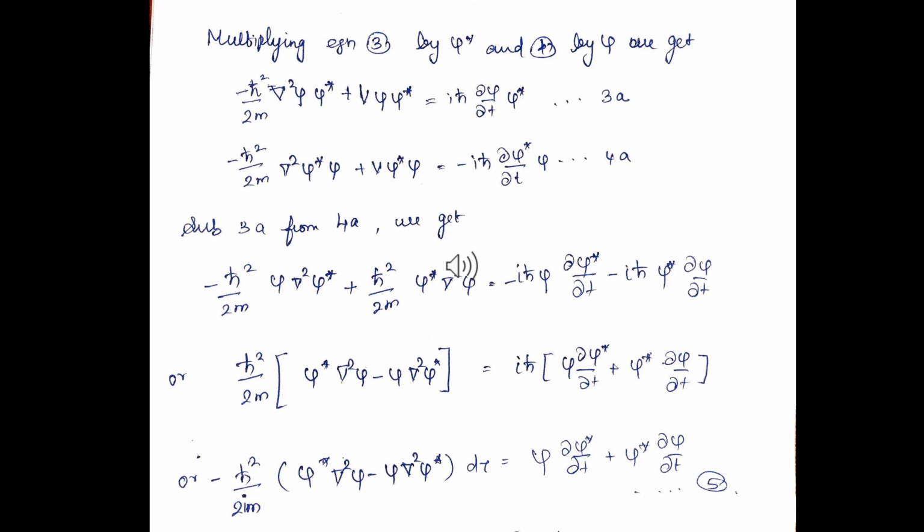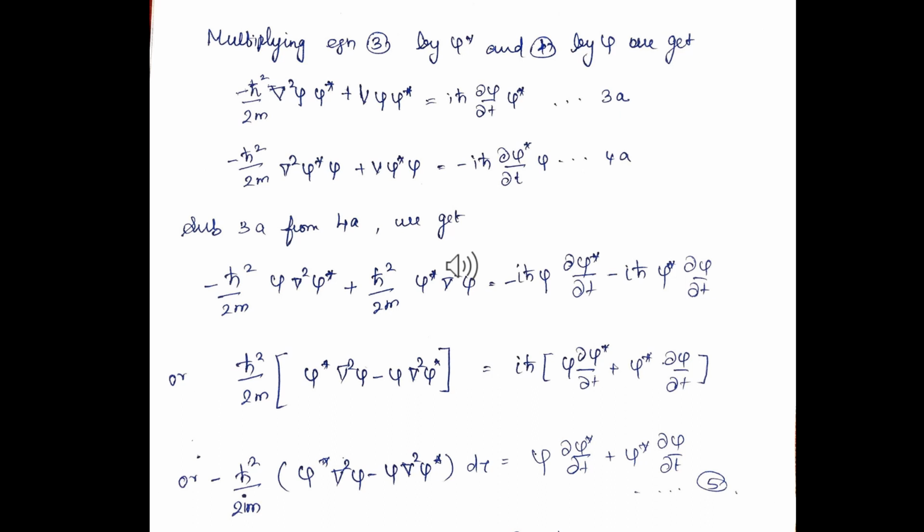So first, multiplying 3 by psi star, it becomes minus h cross square by 2m del square psi into psi star plus V psi into psi star equal to i h cross dou psi by dou t into psi star. Let it be 3a.